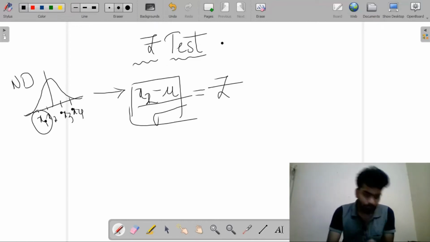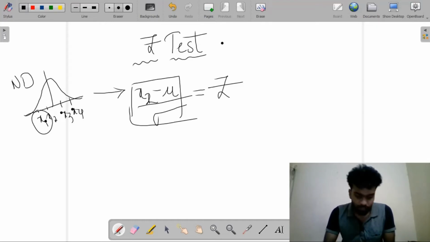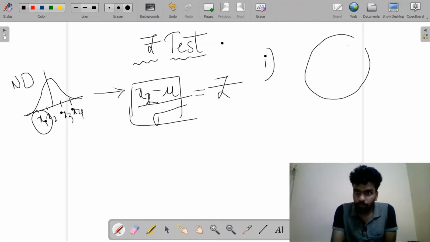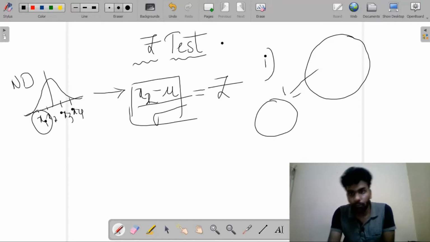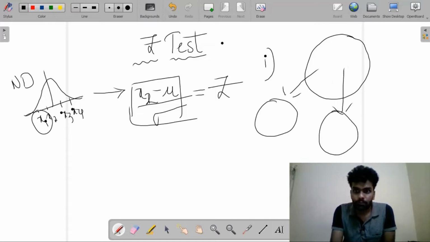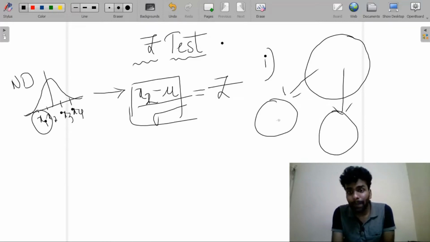Now let's try to understand when we have to use this Z test. For that, you have a population, and in that population you have taken a sample to test the population, and similarly you have taken another sample. Now you want to compare the means of these two samples.